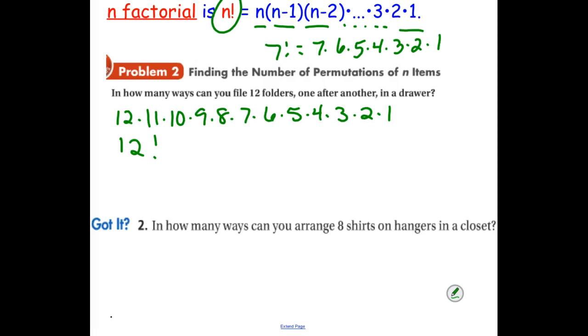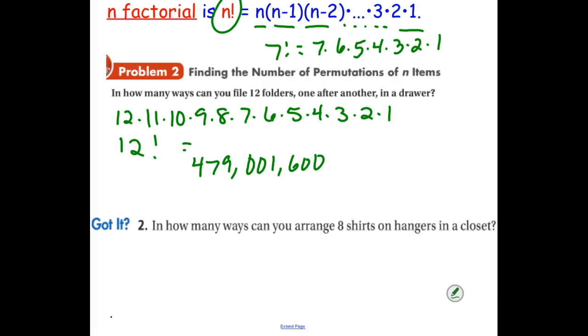Okay, so use your calculator. What is 12 factorial? What do we get? All right. Agree? Okay.